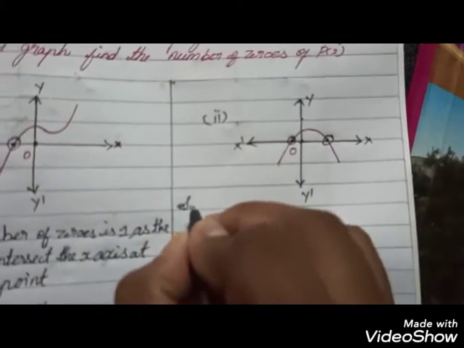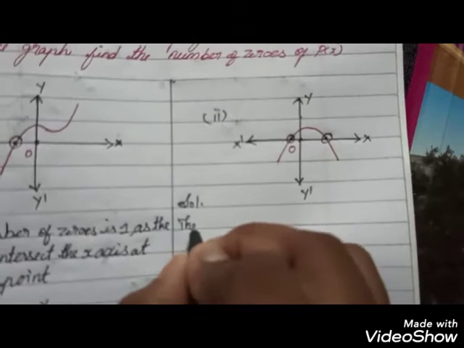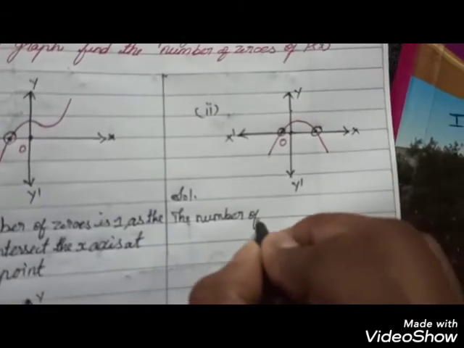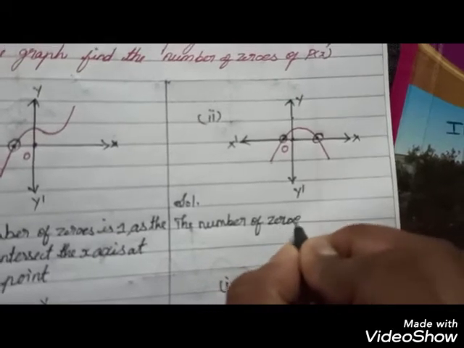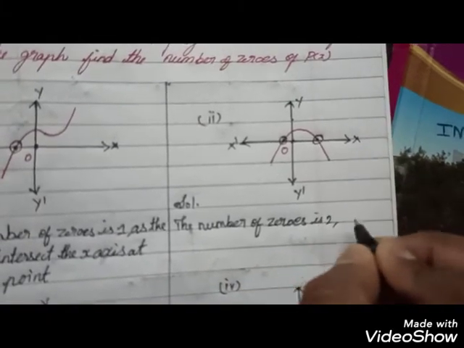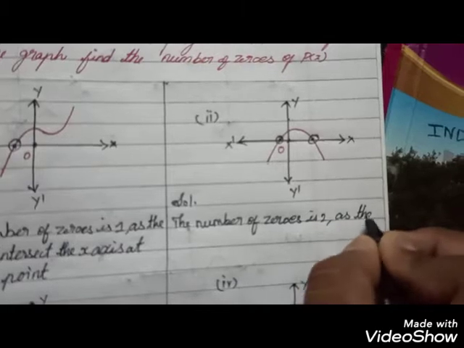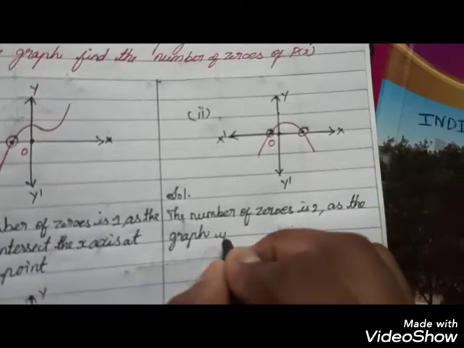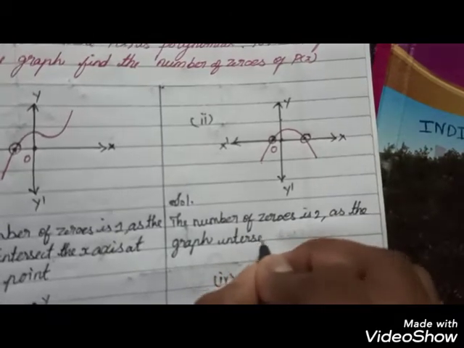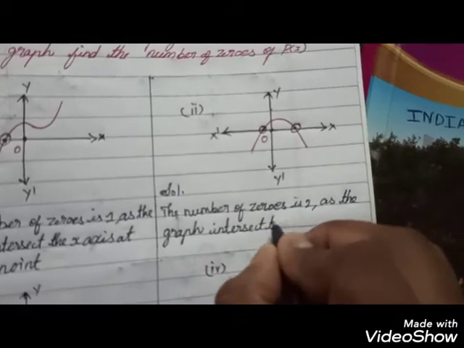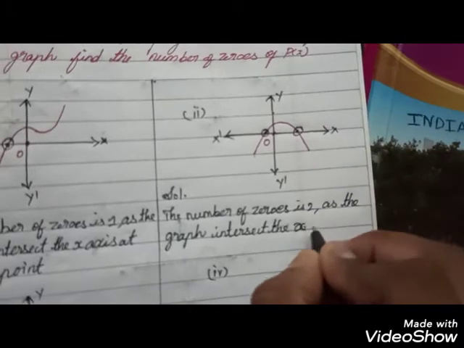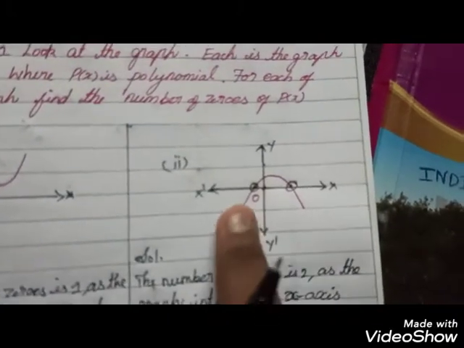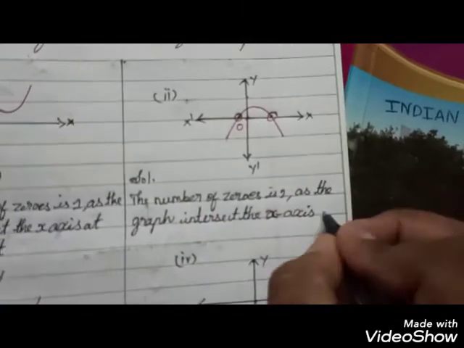In the solution directly you write the number of zeros is 2, the same sentence as the graph intersects the x-axis. You see, the graph intersects the x-axis at 2 points.